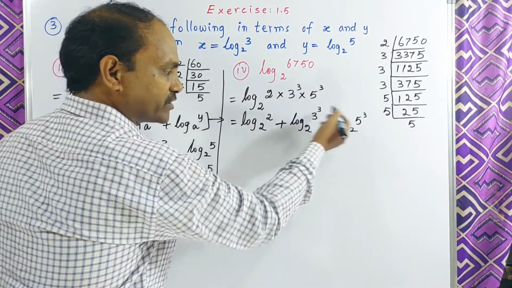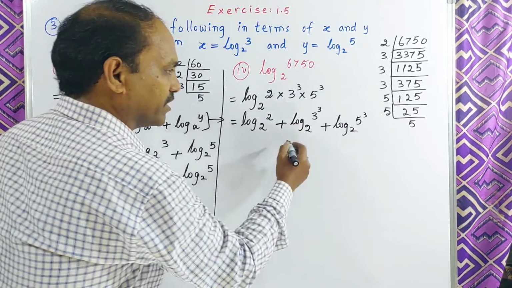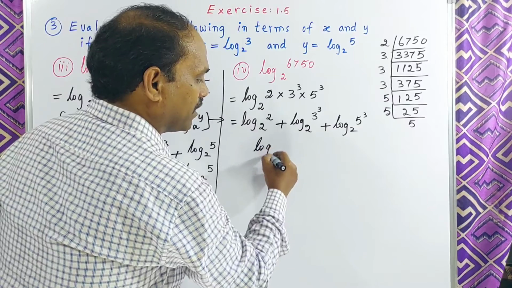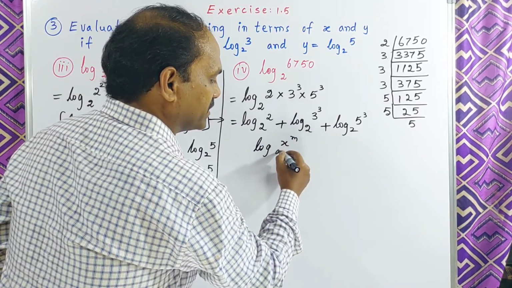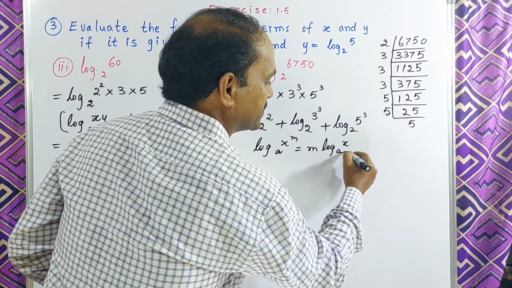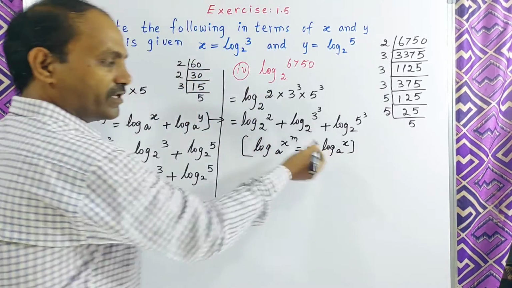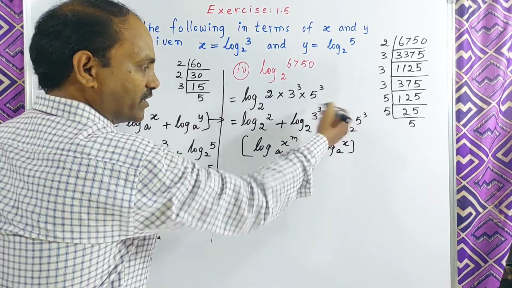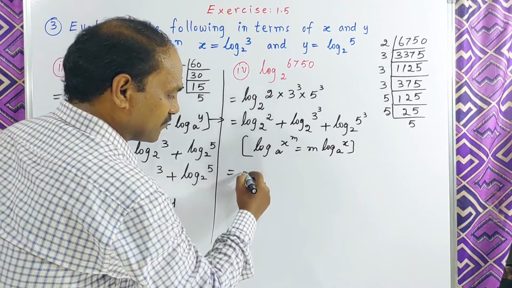Here they have exponents, so by using the formula log x power m to the base a equals m log x to the base a, you can write these exponents in front of the log value.